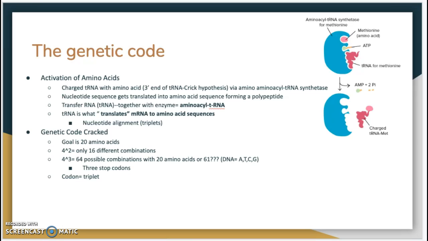However, in order to get the amino acid onto the tRNA, you go through the aminoacyl tRNA synthetase, which will allow the amino acid to attach to the tRNA, and then you get a charged tRNA.